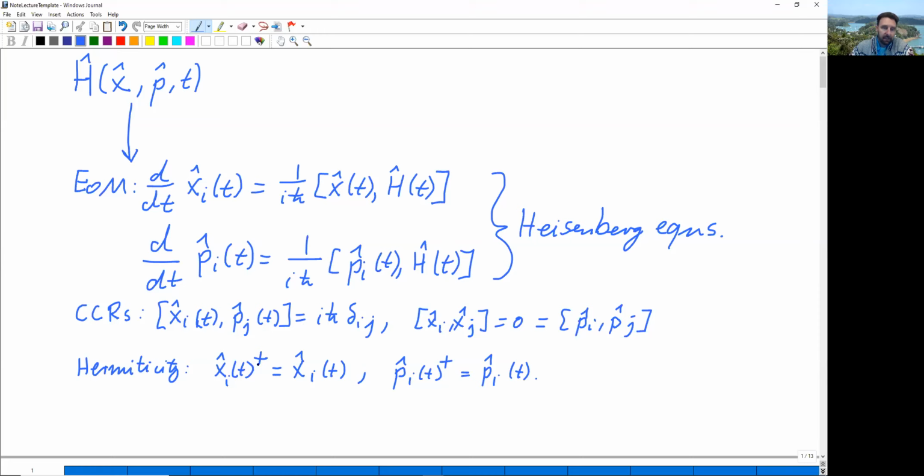And this dagger is also called Hermitian conjugation. Even though at the moment we don't even know yet what that is going to be in practice. Just like we don't know yet what these x hat of t functions are going to look like. We only know they can't be number valued. But what are they going to be?